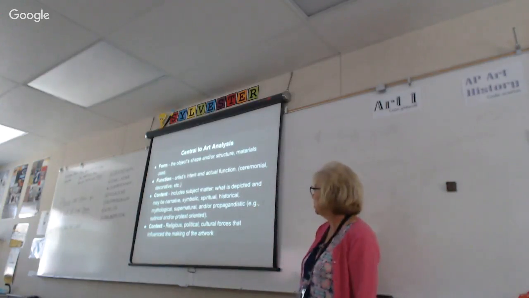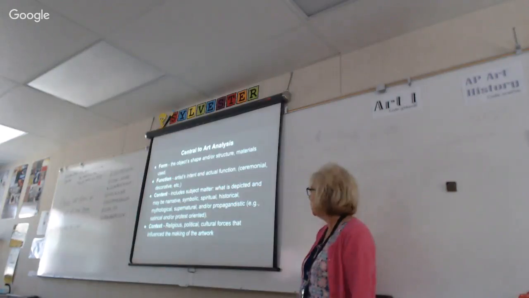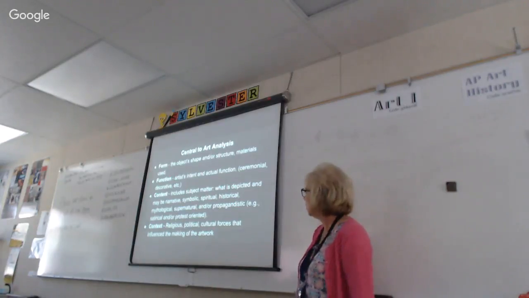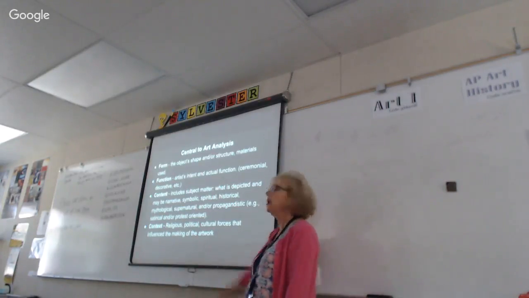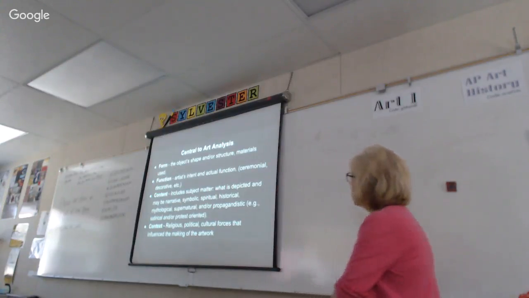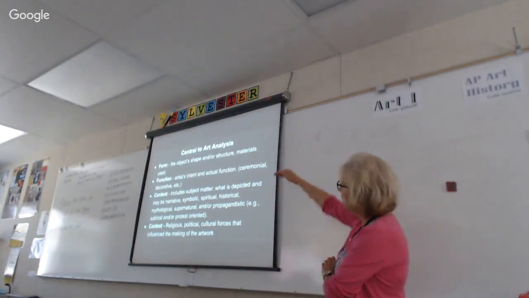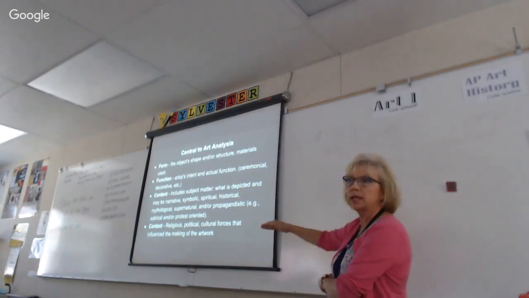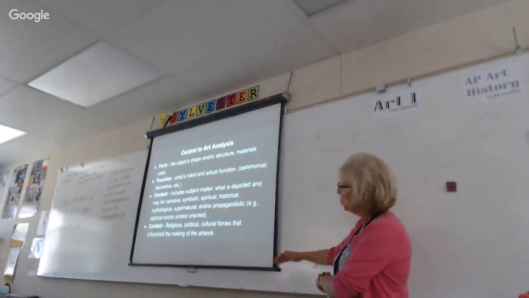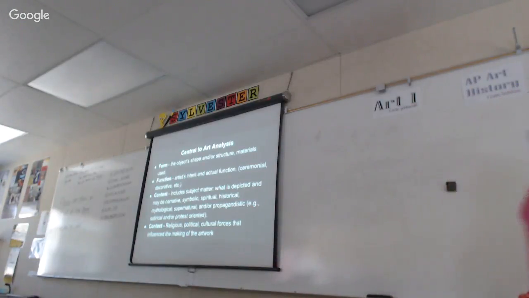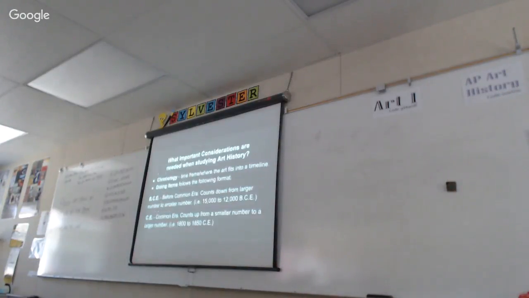It also could be satirical, and it could be protest-oriented. Context is the religious, political, and cultural forces that influence the making of the artwork. So those are all what you're going to be building your snapshots using: form, function, content, and context. If you know all of those for each piece of artwork, you're going to do amazingly well.